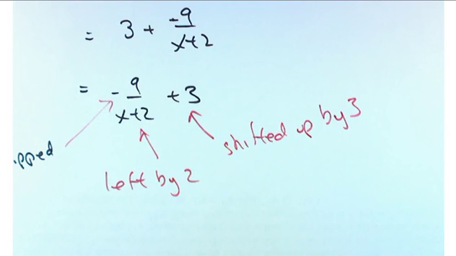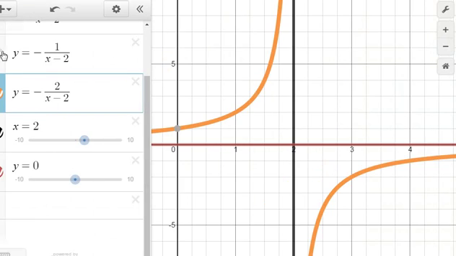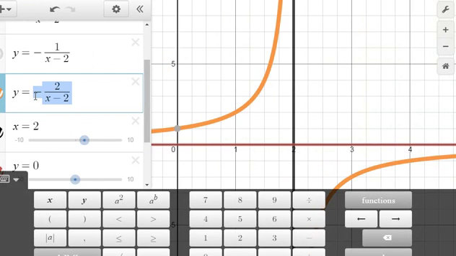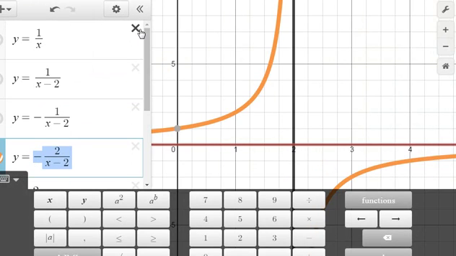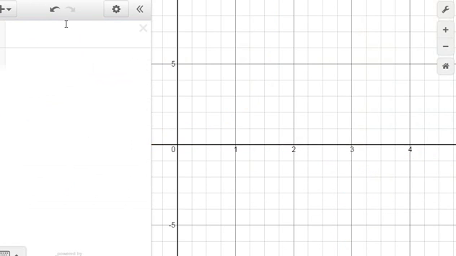But let's see the effect on the graph here. And we'll do it in pieces, one at a time. So let's clear out a few old ones. So do y equals 1 over x plus 2.